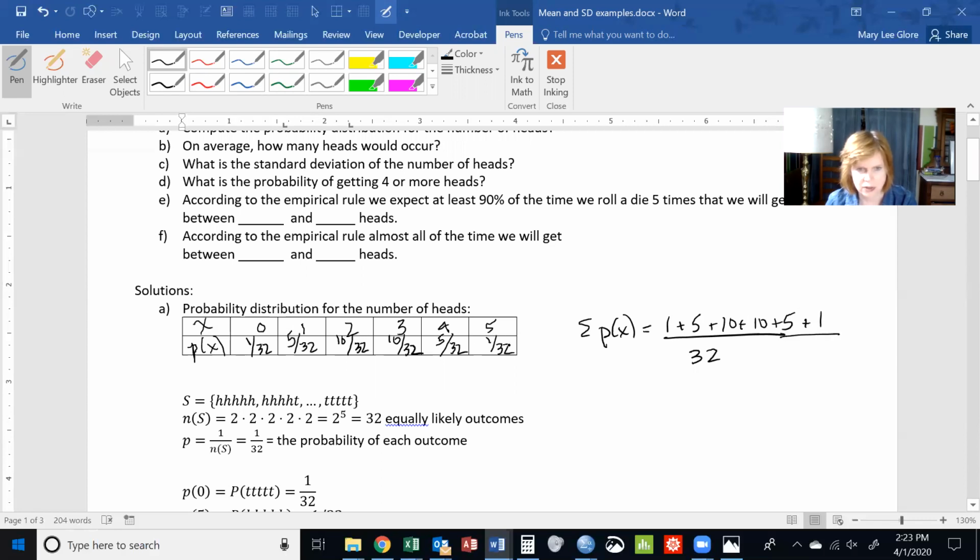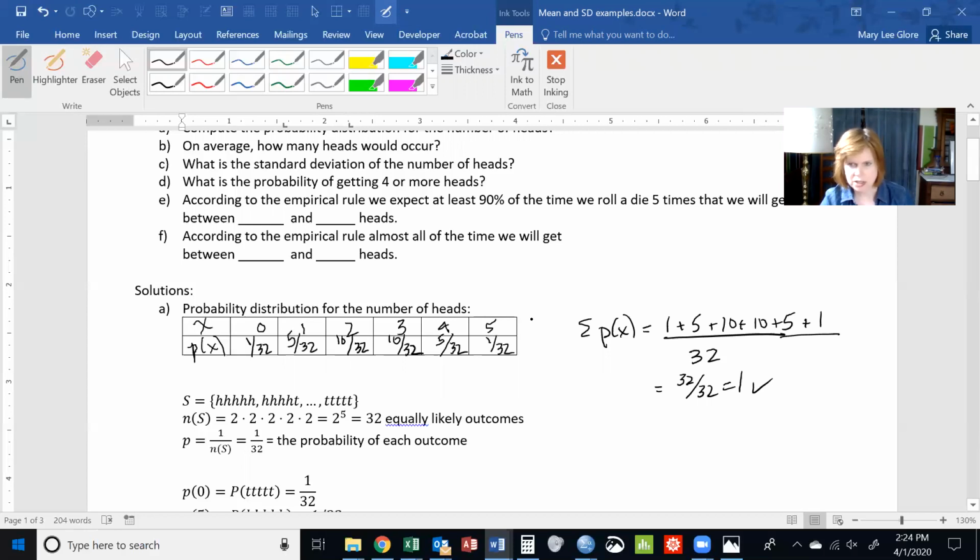That's these probabilities. 1 above is 6, this 10 is 16, 26, and 5 is 31, plus 1 is 32. So yes, this is 32 over 32, which is 1. I'm just verifying that I didn't mess up in what I was calculating. If that didn't add to 1, that would mean I did something wrong. Okay. So there's my distribution.